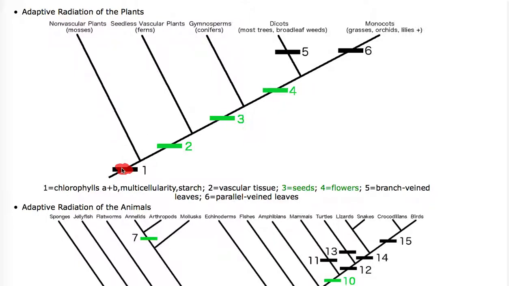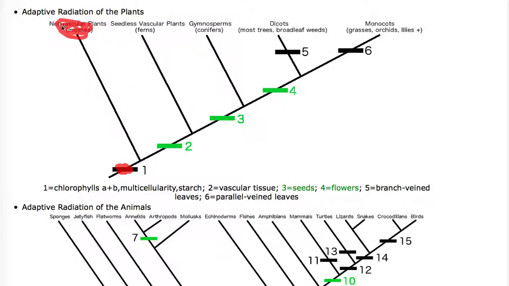Water filters light out. With algae in the water also, there's severe competition for that light, but on land there's almost uninterrupted sunlight.